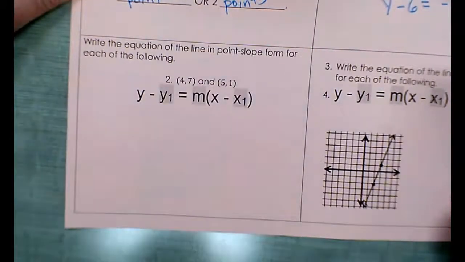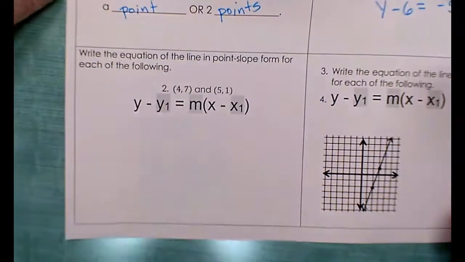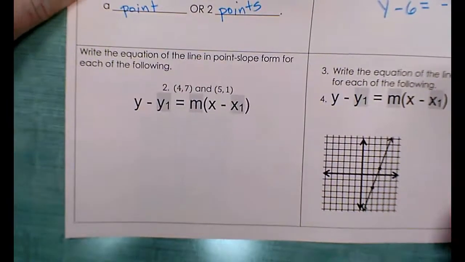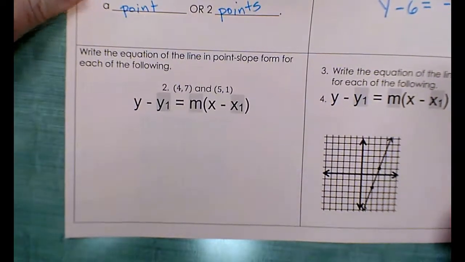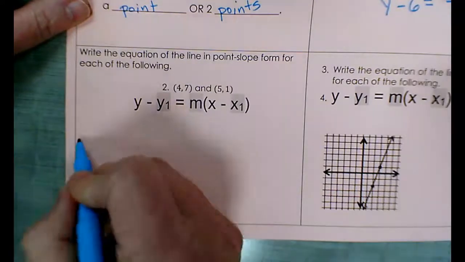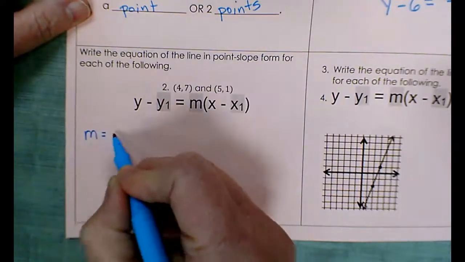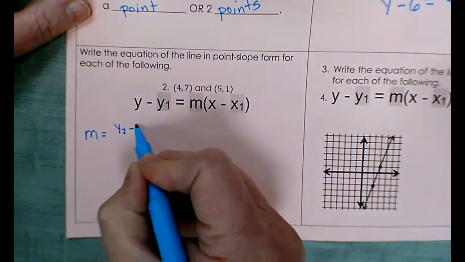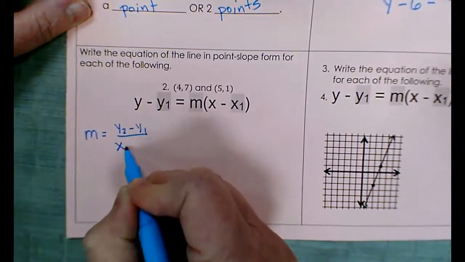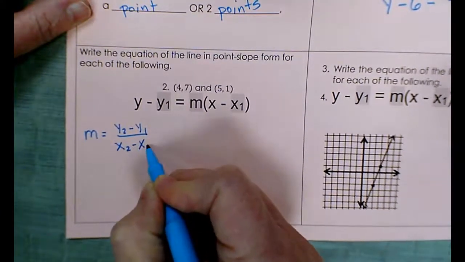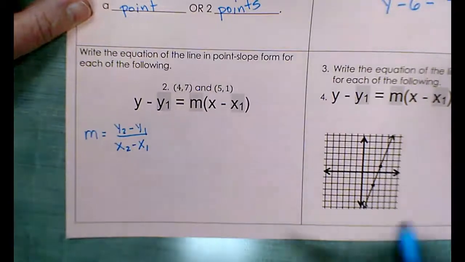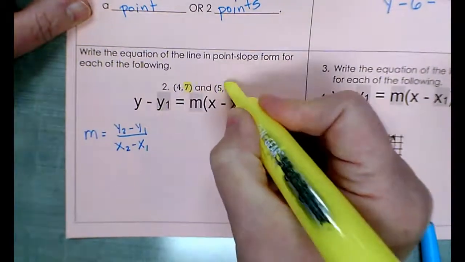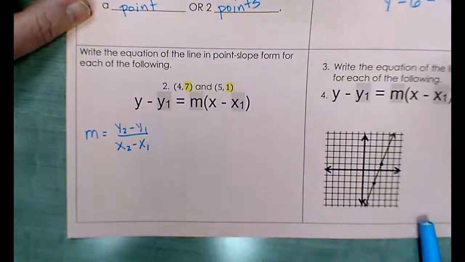If we are given 2 points, before we can use the point-slope form, we have to figure out what the slope is. So the slope formula is y2 minus y1 over x2 minus x1, and these are my y values.